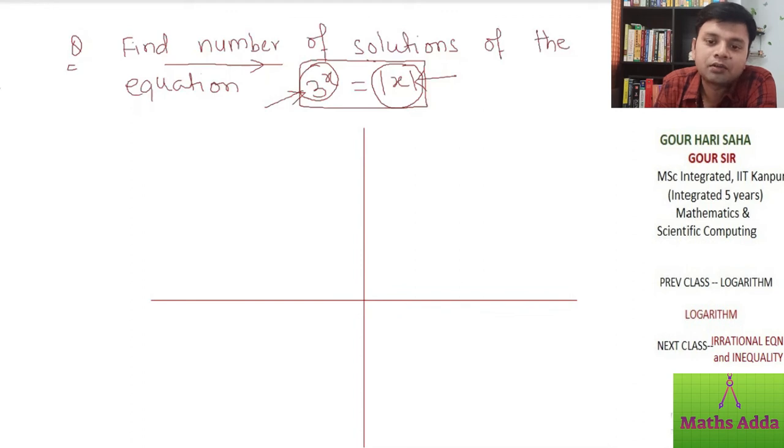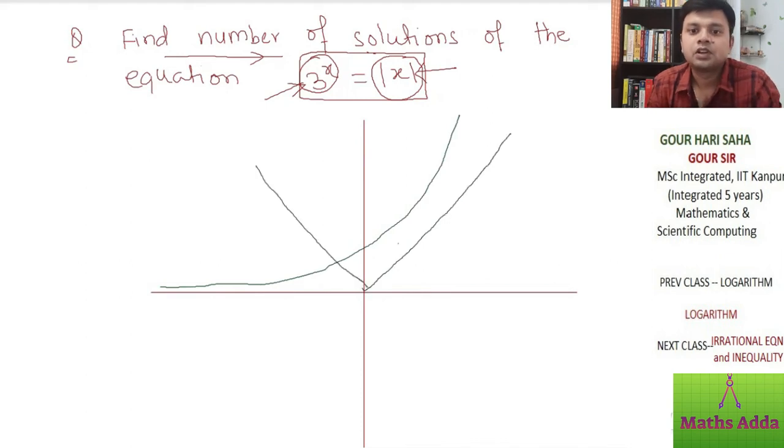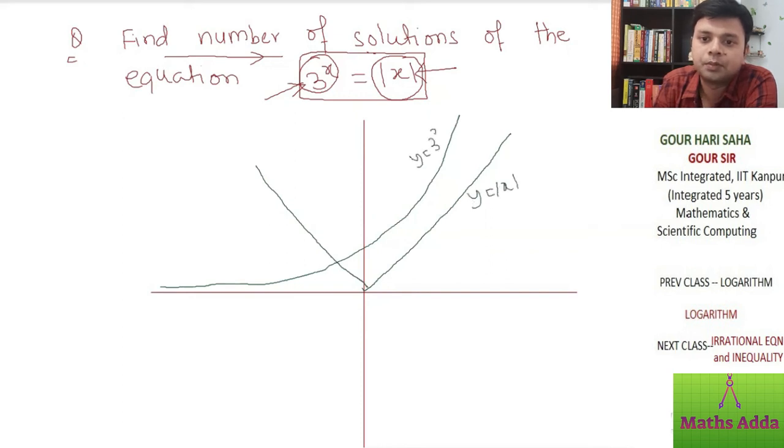Let us plot y equal to 3 to the power x. So y equal to 3 to the power x is exponential. It will be like this one. And the mod x graph is like this, correct? So this is y equal to mod x and this is y equal to 3 to the power x, right?